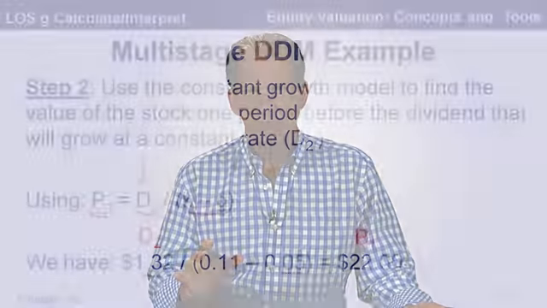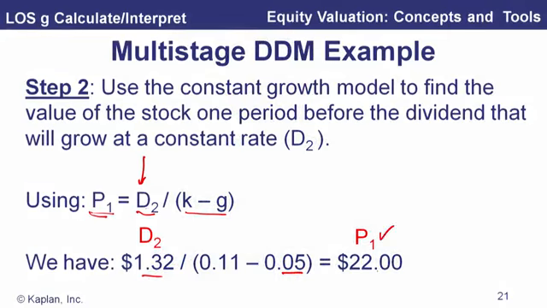So if we wait to use that constant growth model here until we have dividend 2, that's going to give us the value 1 period before dividend 2 is paid, so a time 1 value. So right after D1 is paid, we can value it based on D2, and that's why we get a time 1 value here of $22.